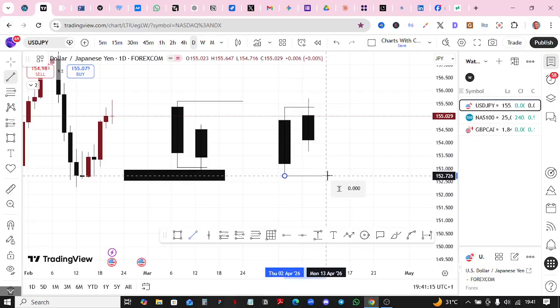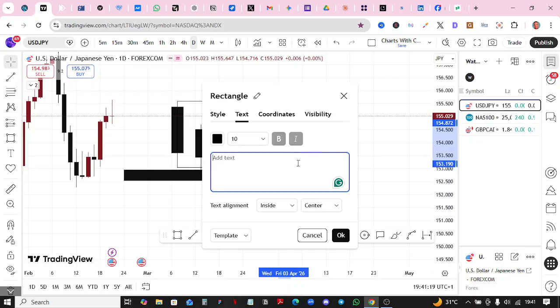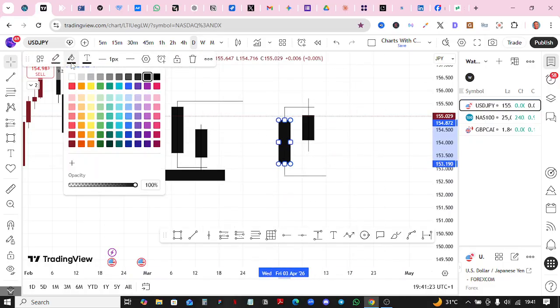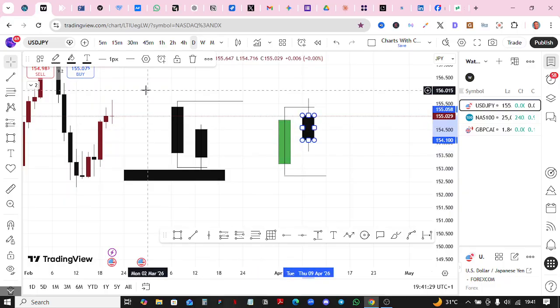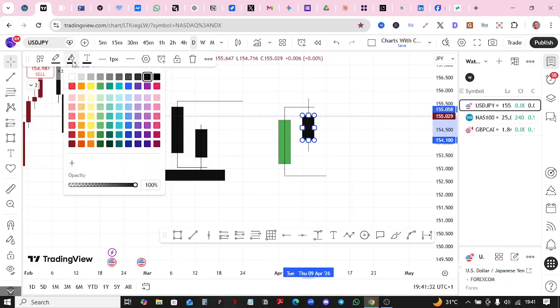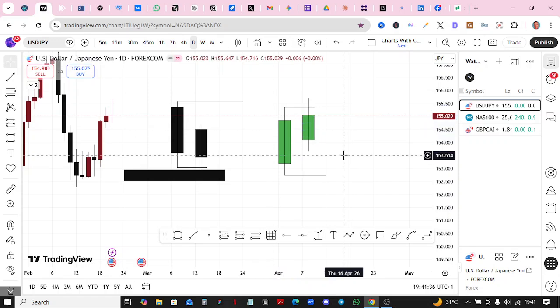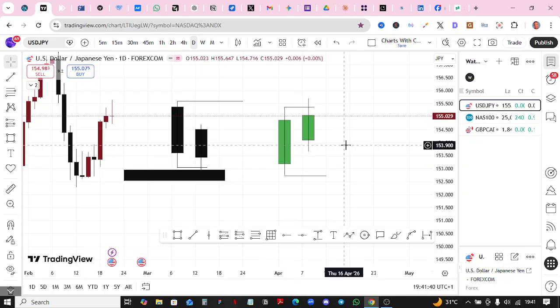So this is for a bullish scenario. Let me change this to suit bullish. You have green. Okay. So this is for a bullish scenario, right?